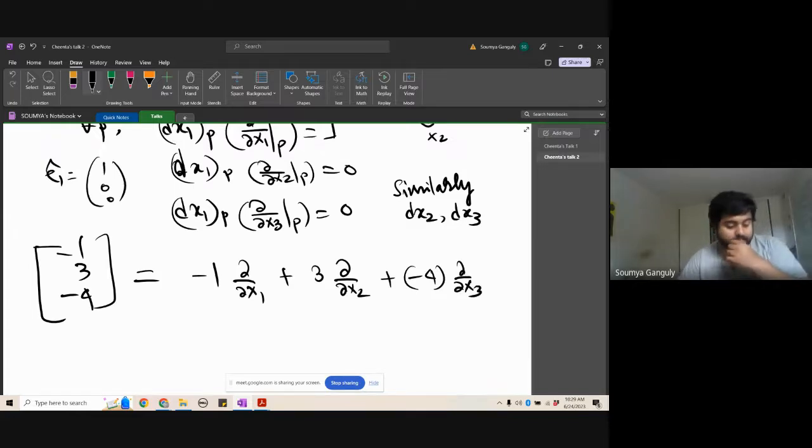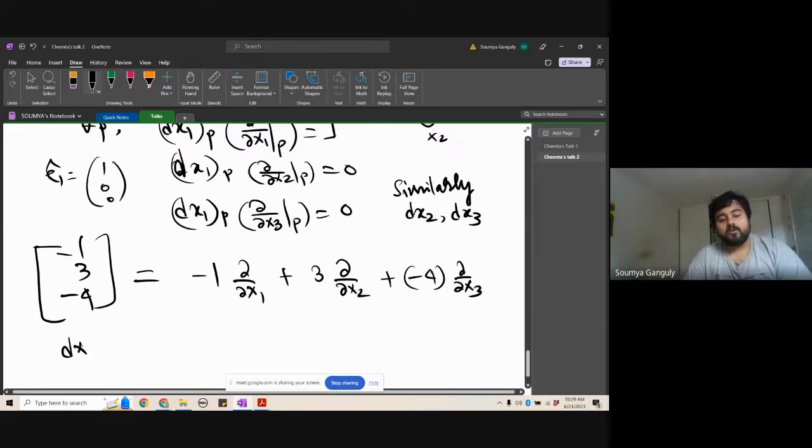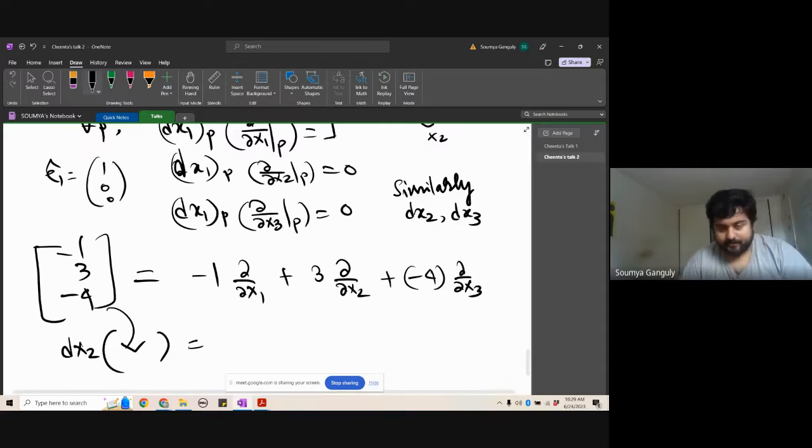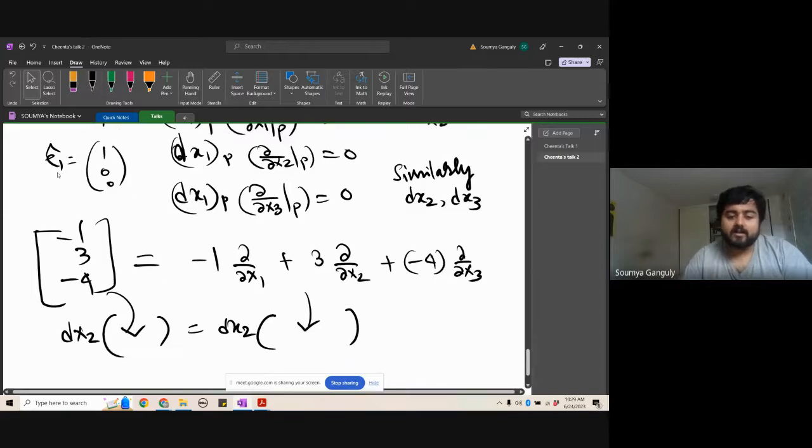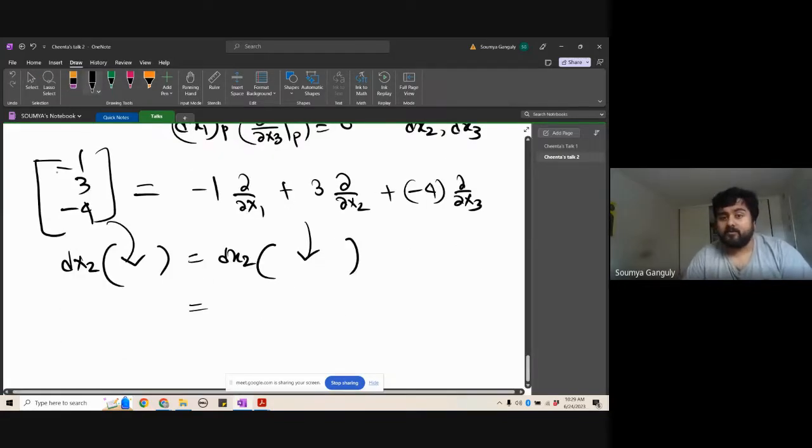Now, suppose you want to know what dx2 does on this vector. For any point, you can define this vector, and then we want to know what dx2 of this vector is at this point. So dx2 will act on this vector. How does it act on that? Well, it's a linear operator, which means it will act on each of these things separately.